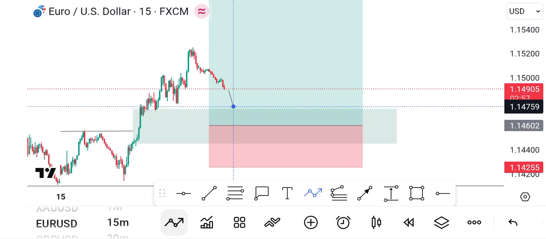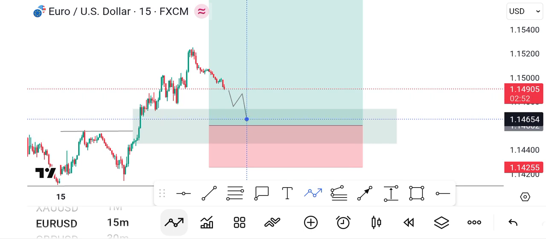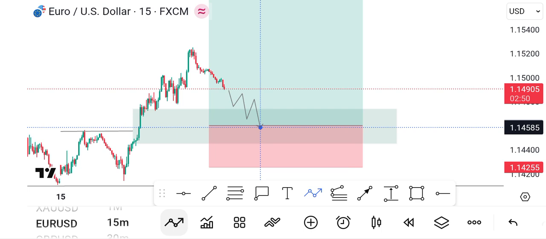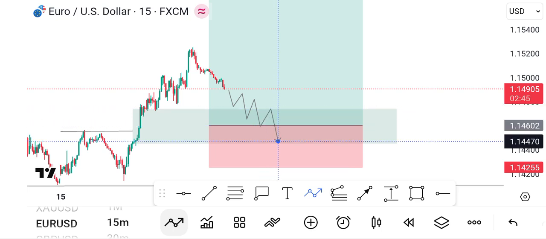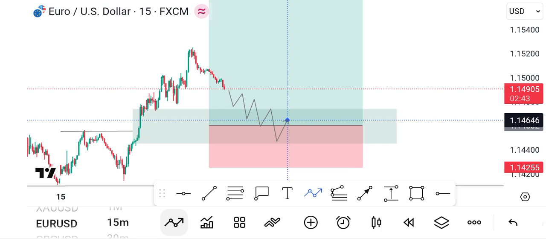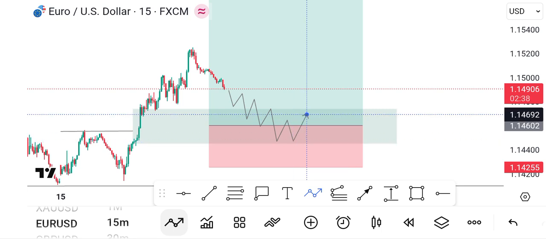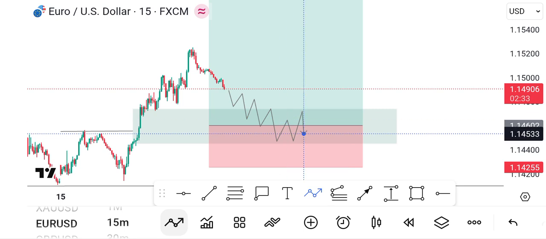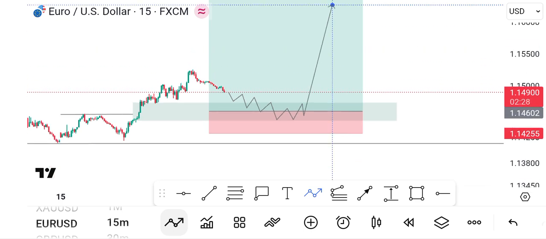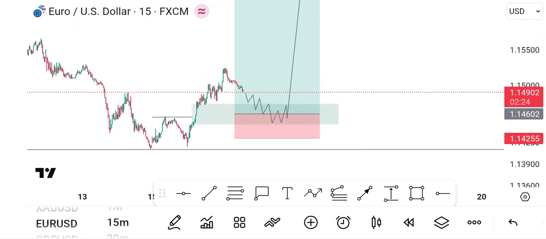Okay, price comes this way, retrace, lower low, lower high, lower low, lower high, lower low, lower high, either a double bottom and then a break of structure here, and then we execute our entry somewhere right about here, and then boom, to our take profit level, something like this.